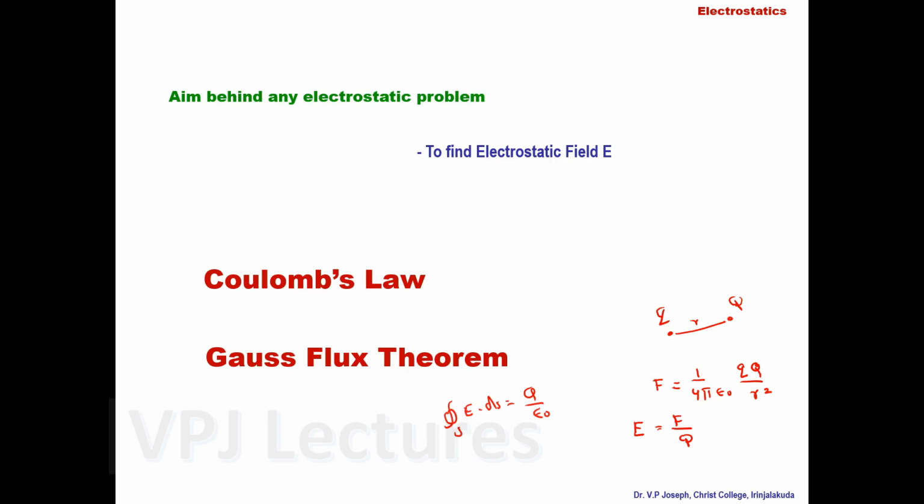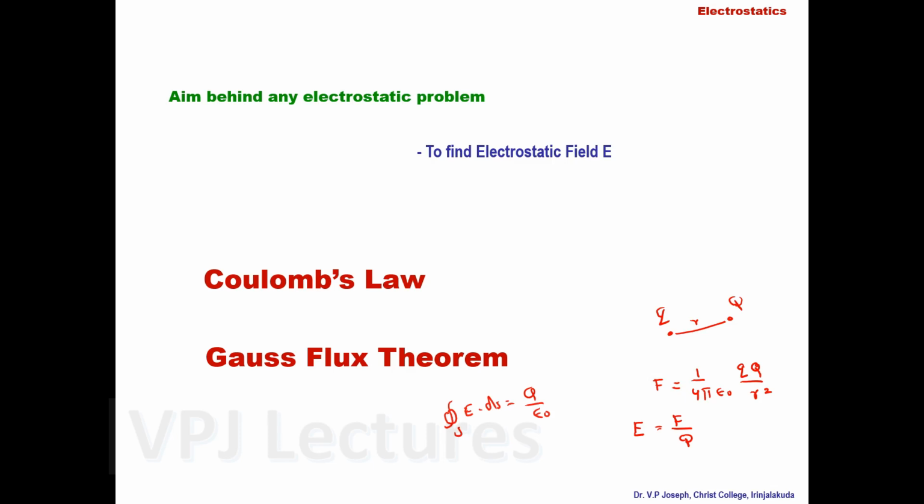There are other situations also having symmetry, like cylindrical symmetry and plane symmetry. For example, if we consider an infinitely long line charge, then there is a cylindrical symmetry. If we construct a cylindrical Gaussian surface, then over the curved surface of the cylinder with r as the radius, the electric field will be constant.